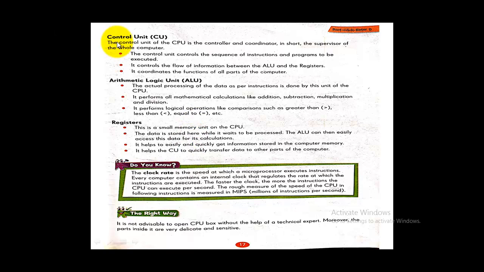Okay, so the control unit of the CPU is the controller and the coordinator, in short the supervisor of the whole computer. The control unit controls the sequence of instructions and programs to be executed. It controls the flow of information between the ALU and the register.